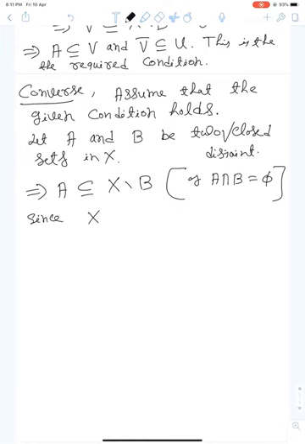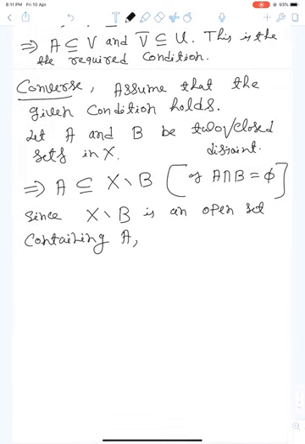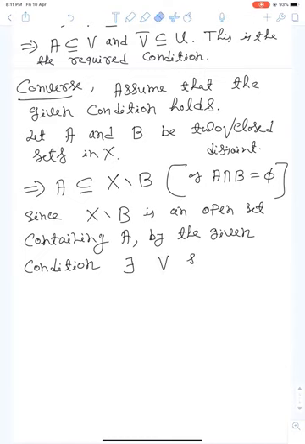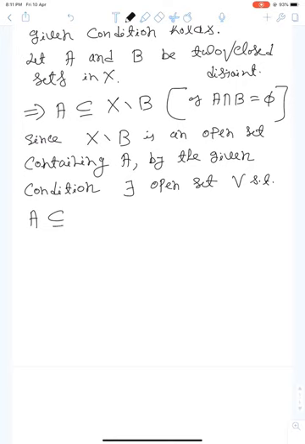Now since X minus B is an open set containing A, so by the given condition, there exists an open set V such that A is a subset of V and V closure is a subset of X minus B.